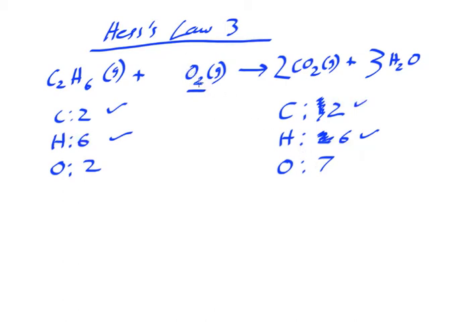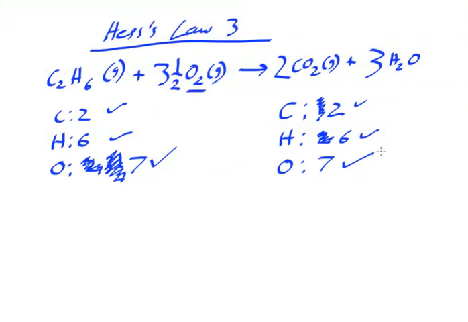Well, 3 times 2 is 6, so 3 wouldn't be big enough, but 4 times 2 is 8, so 8 is too big, and in fact the answer is 3.5, because 3.5 times 2 is equal to 7. So 7 agrees with that 7 there.